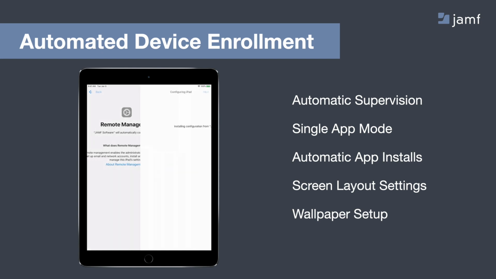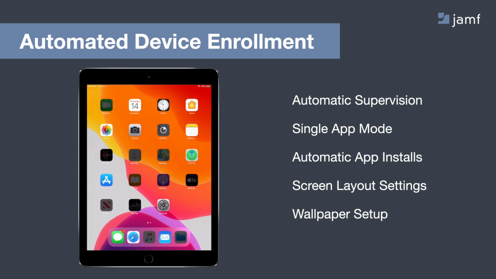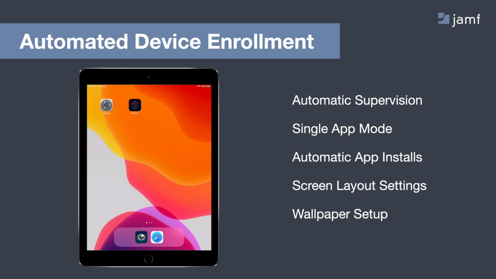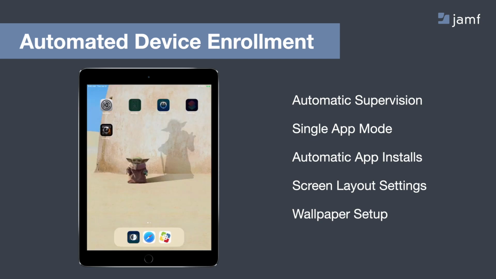It will download a remote management configuration profile and enroll the device itself into Jamf. Once the device has been enrolled, we'll see all the items that had been scoped or assigned to this device. And within a few minutes, your device is fully configured and ready to be used.